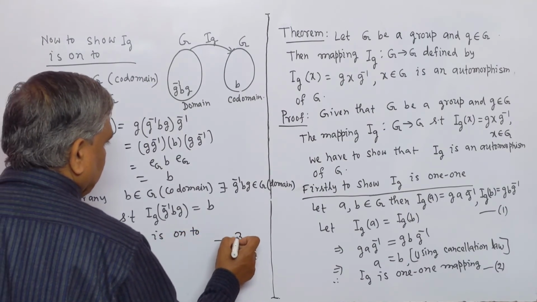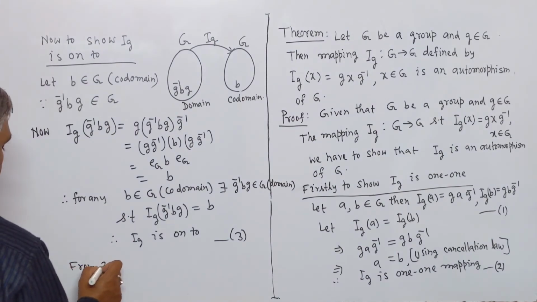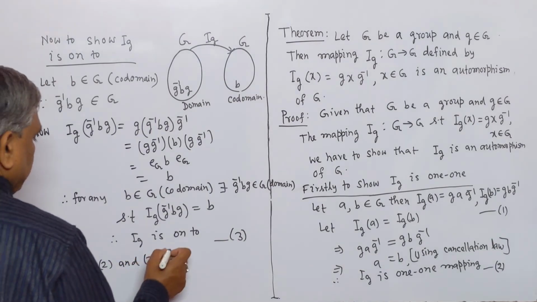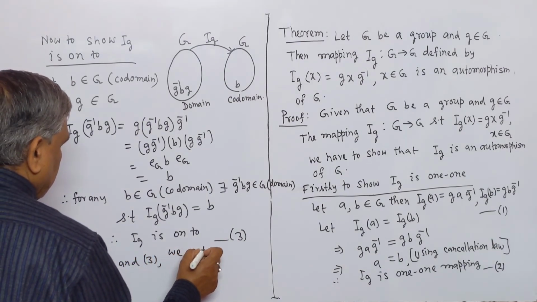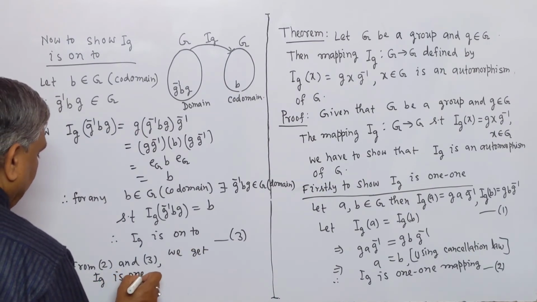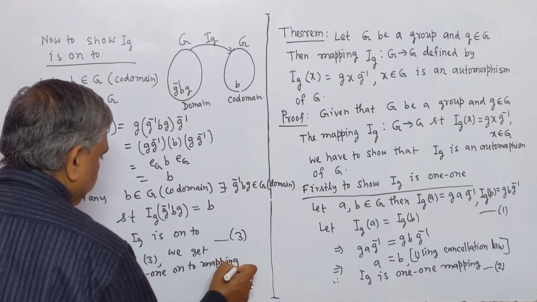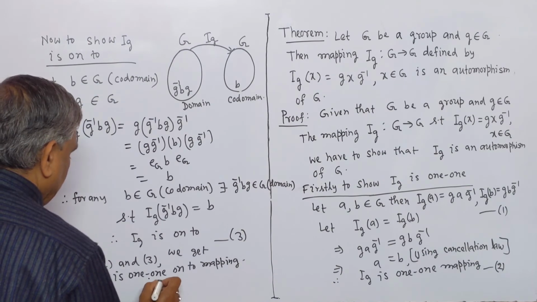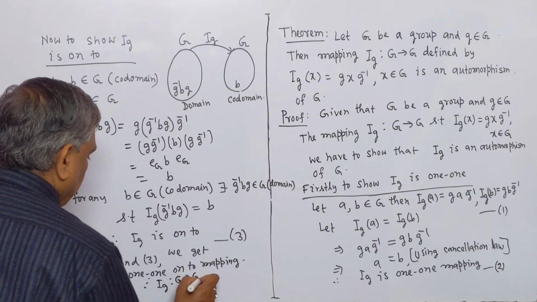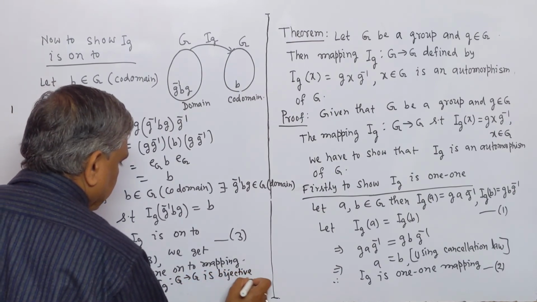This is number 3. From 2 and 3, we get I_g is 1-1 onto mapping. That is, I_g defined on G into G is bijective. This is number 4.